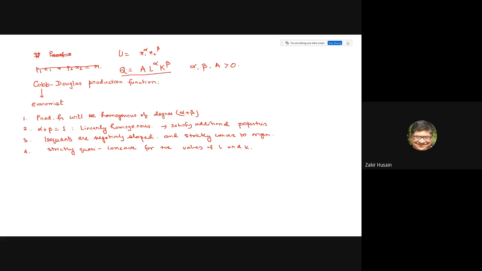Okay. Now, let us see whether Douglas was right or wrong. So we take the first proof, homogeneous of degree alpha plus beta. How do we prove whether it is homogeneous or not? We have to increase both L and K by the same amount.